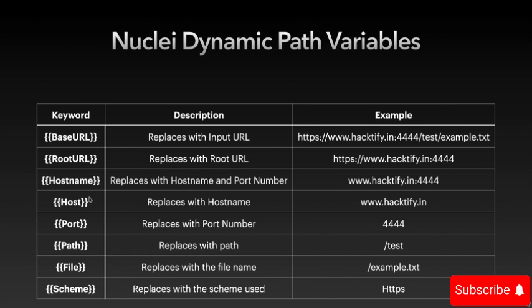Next is the host, which replaces only the host name. Port replaces the port number. Path replaces with a path, for example /test, or a specific file, for example example.txt. If you want to replace or change the scheme, you can also do that with the scheme variable.